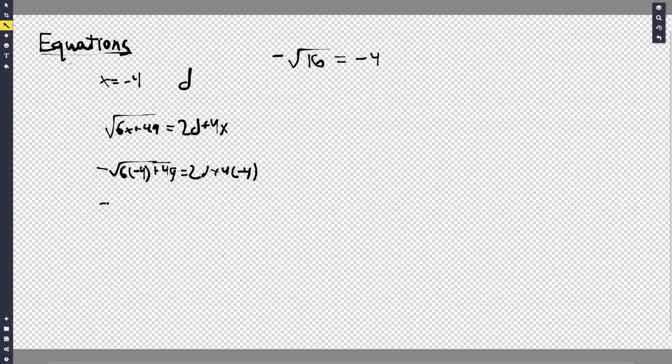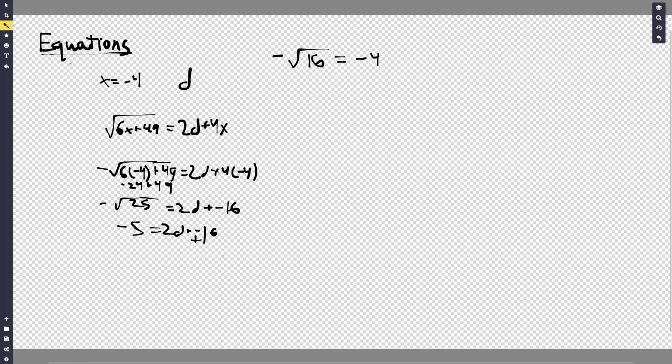So we solve the square root, which is negative 24 plus 49, and that gives us 25, or the negative square root of 25, which is negative 5. That is equal to 2d plus negative 16.